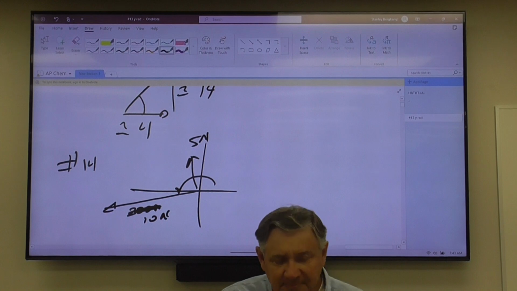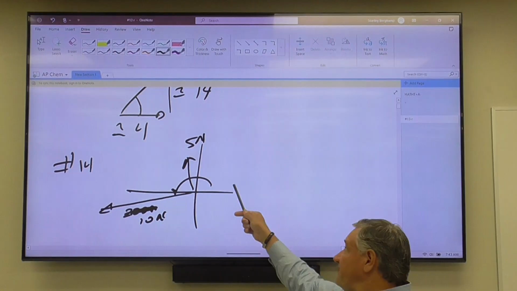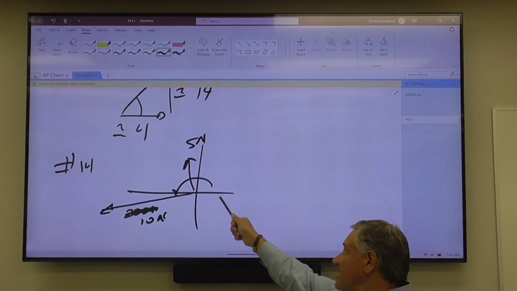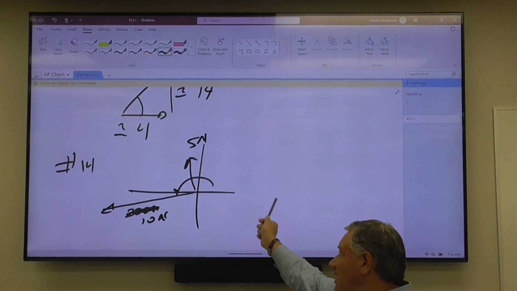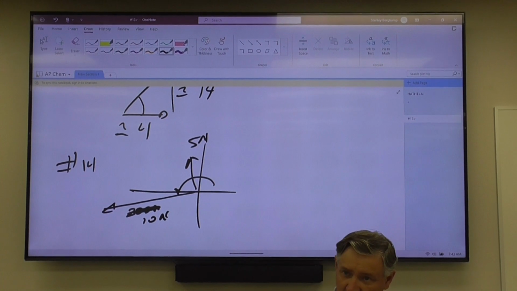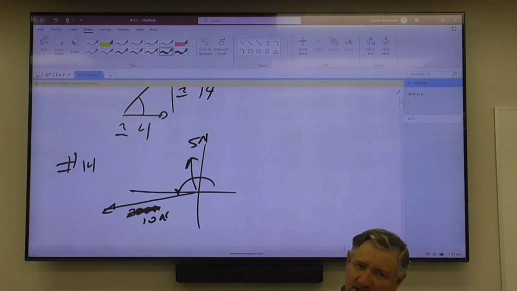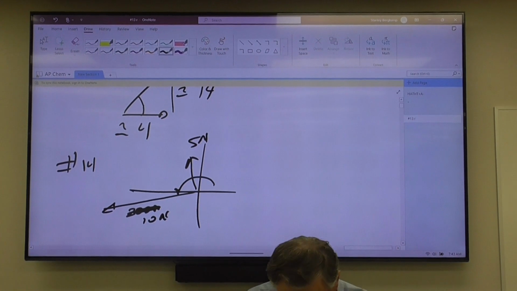This is going to get sketchy because that 5 Newton force has a negative X and a positive Y. The 10 Newton has a negative X and a negative Y. It's not in the first quadrant, and you have to decide which approach you're going to do.